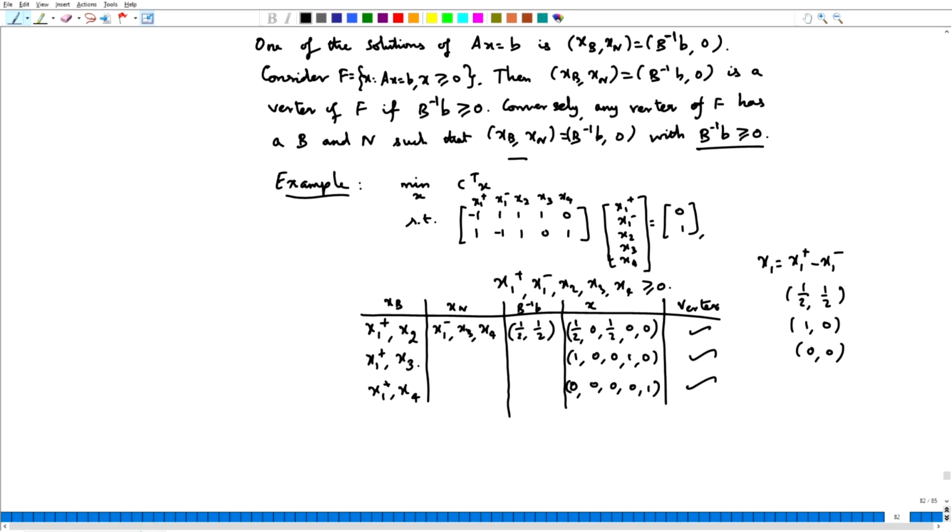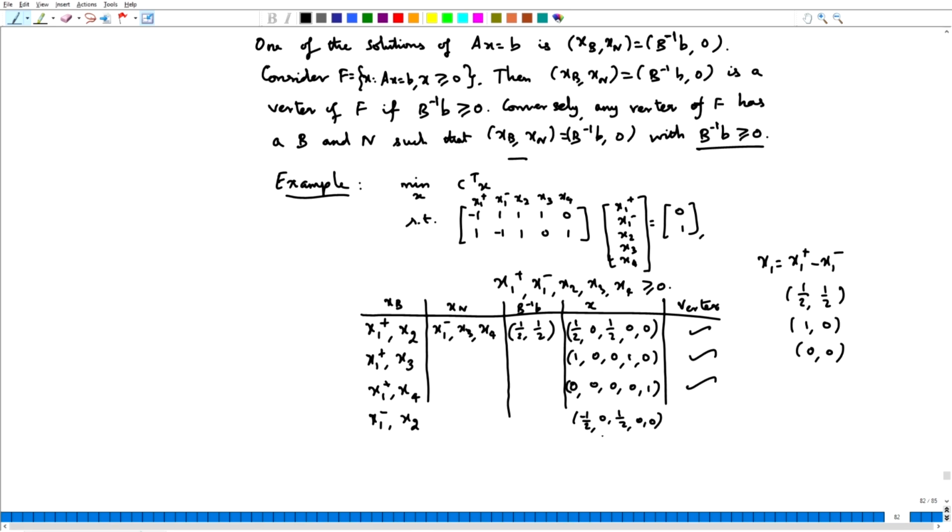We will now consider x1 minus and x2. I am not repeating this because it is just the negative of x1 plus. Whatever you get with x1 plus and x2, the x1 minus will just be the negative. So you will actually get minus half, 0, half, 0 and 0.